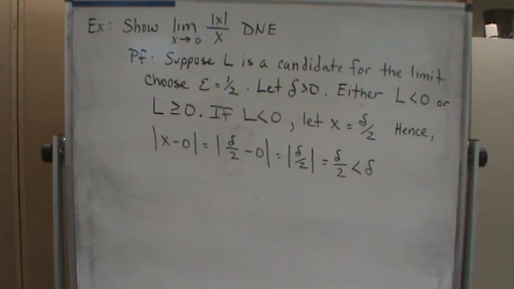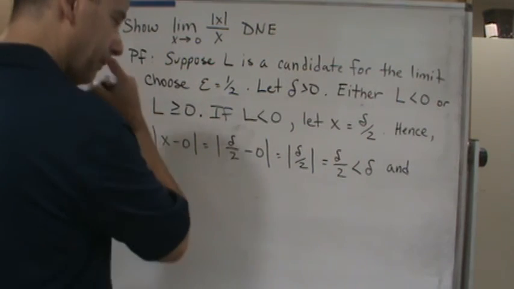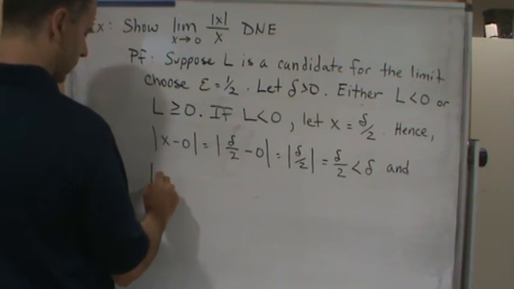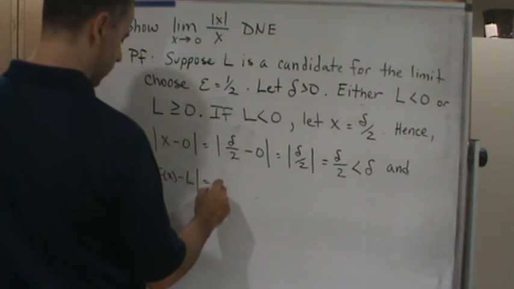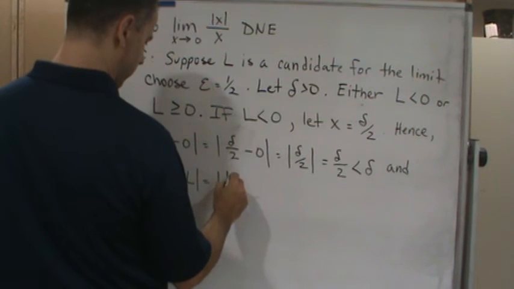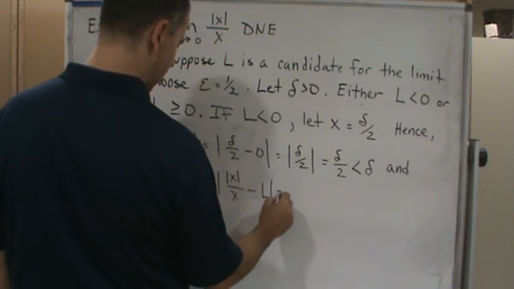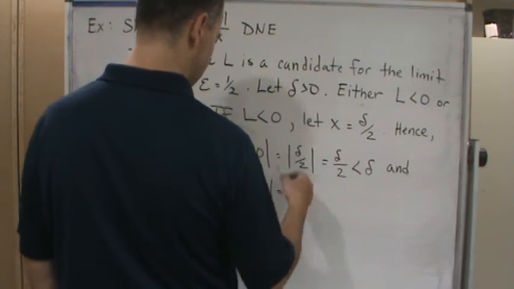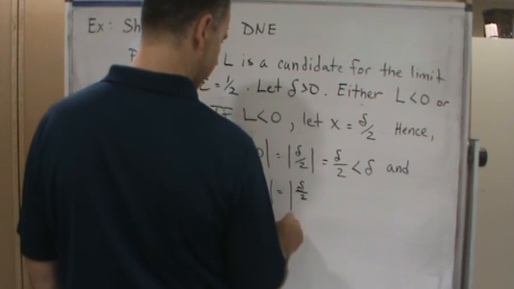Okay, so that meets that part. And now we go back to this. So it'd be f of x minus L equals the absolute value of x over x minus L. And again, we substitute in for this case x as delta over 2.